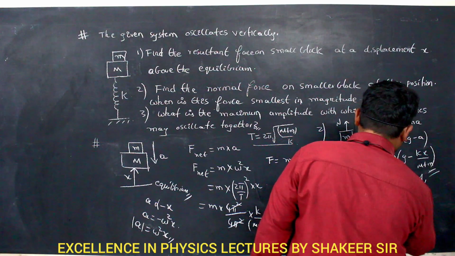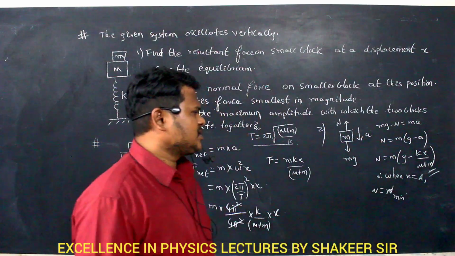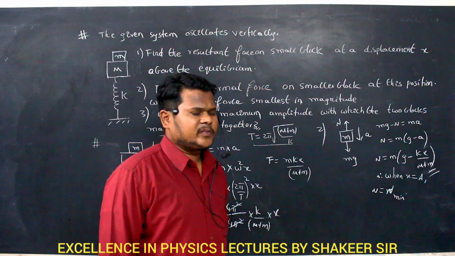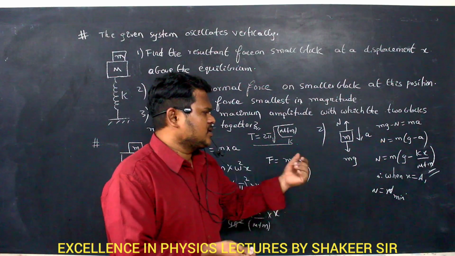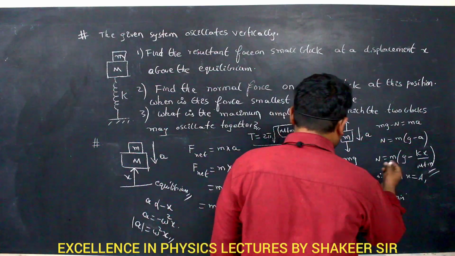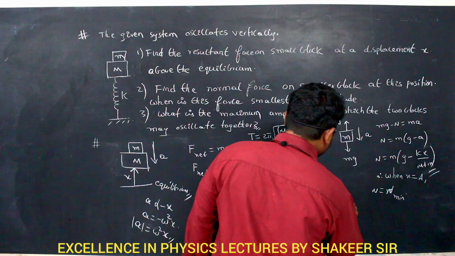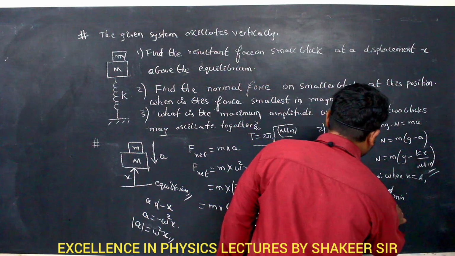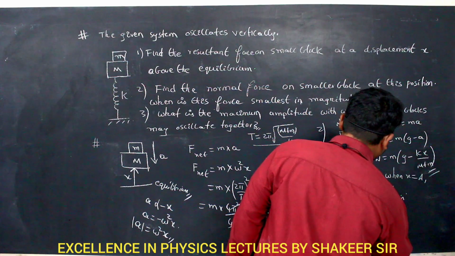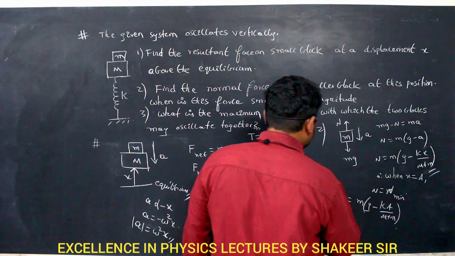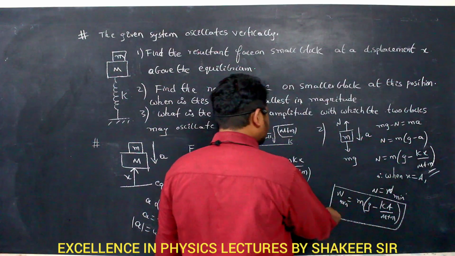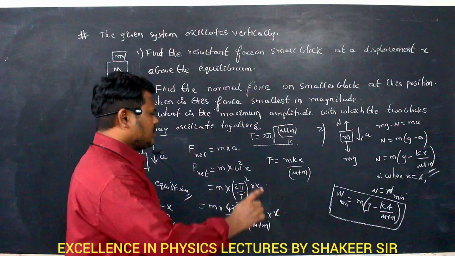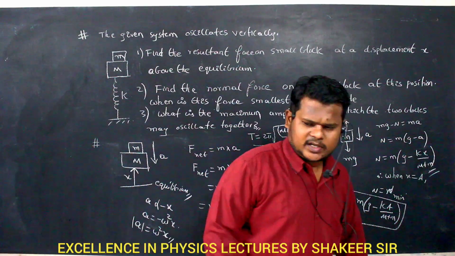Clear? So substitute here and find the minimum normal reaction. N minimum is equal to m into (g minus ka divided by capital M plus small m). So this is the relation of minimum normal reaction which I got. Are you able to understand? So this is our equation for the second question.